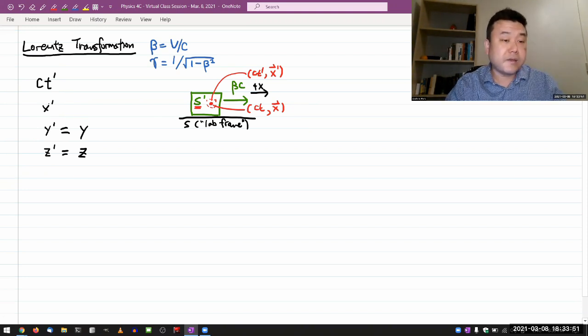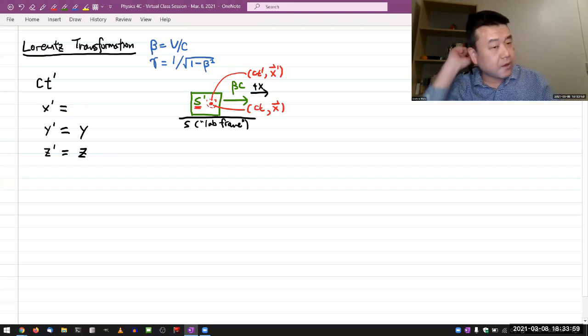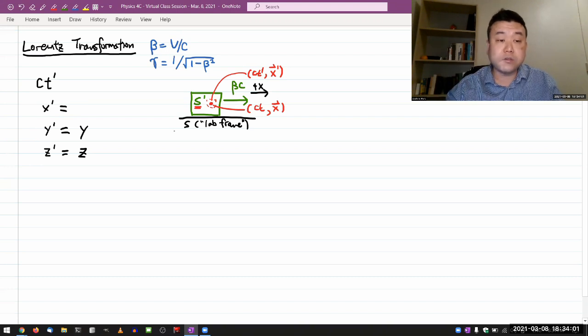And how the x prime coordinate transforms, it actually makes a lot of sense if you connect it to how Galilean transformation would look like. So actually the Galilean transformation would look like x minus beta ct, beta c being the speed at which this frame moves, and t is the amount of time.